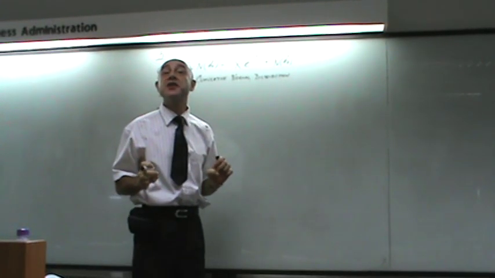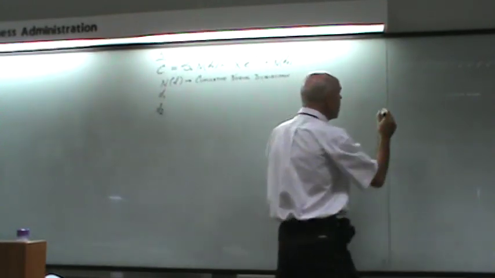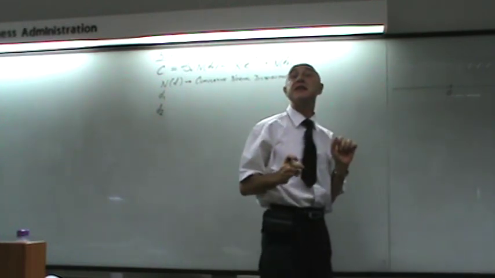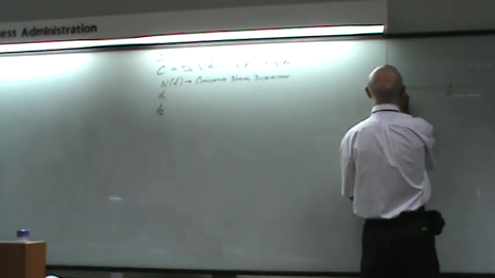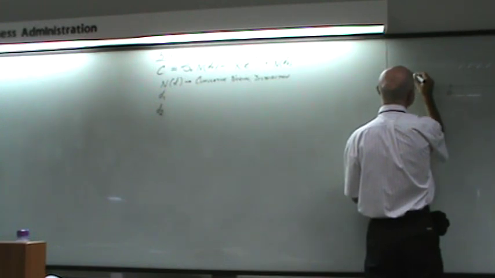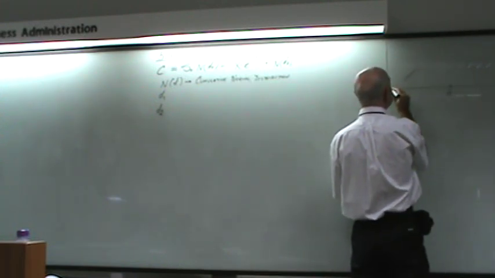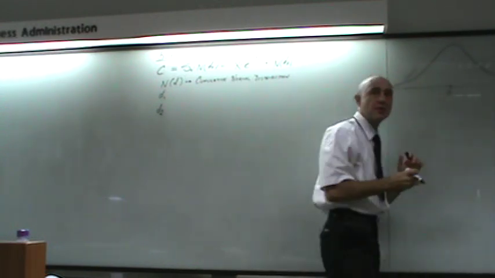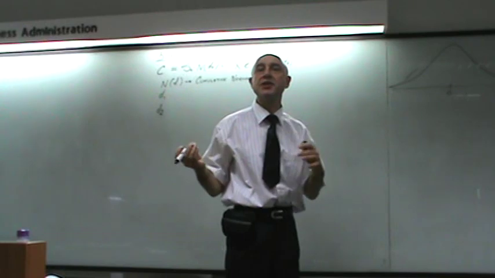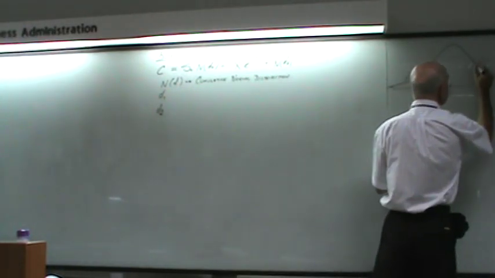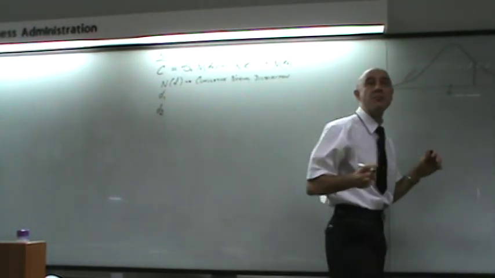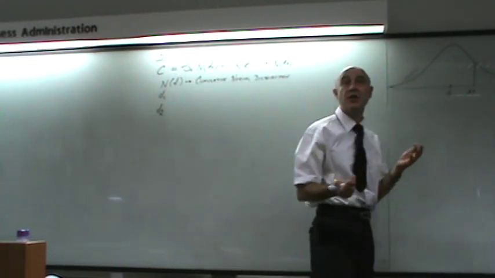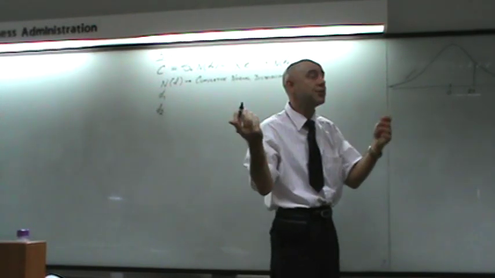So, what does cumulative mean? It means the following. If this is 0, and this is a normal distribution with a bell shape, and this is some number, let's say 2.7. I'm just picking a random number to illustrate.